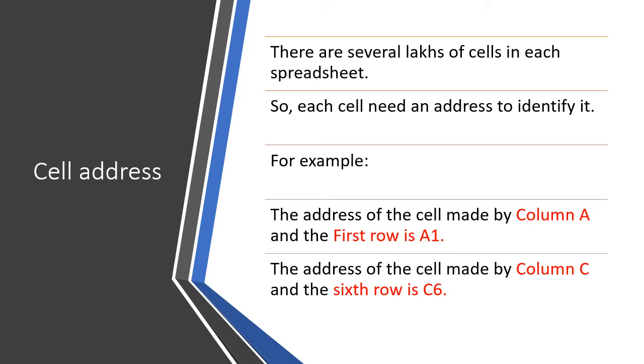And we already learned the cell is made by column and the row. So the cell made by column A and the first row is A1. The address of the cell made by column C and sixth row is C6. So I'll make it more clear.